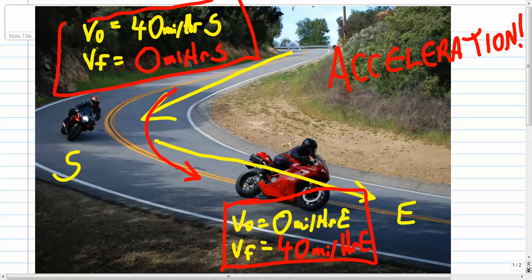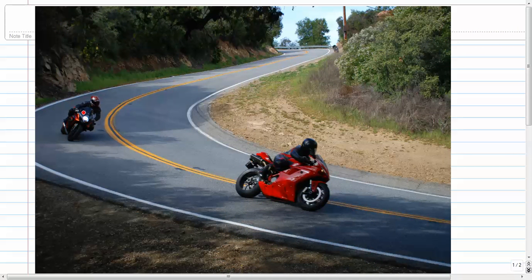So maybe I'm getting a little bit ahead of you here, but there is proof in this picture that acceleration happens. If you look at this biker especially, what is this biker doing? This biker is leaning which way? He's leaning toward the east. Well, why do you have to lean? The only reason you would have to lean would be because there's some kind of a force acting on you.